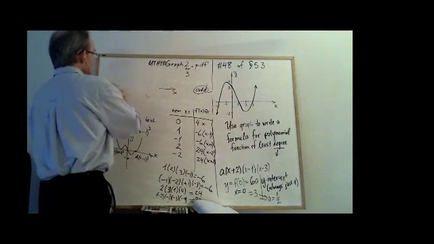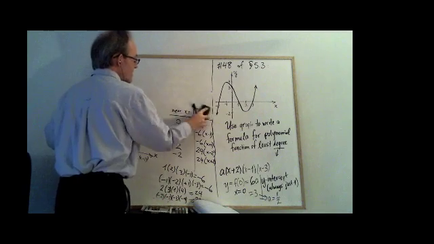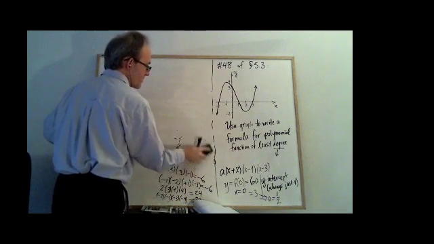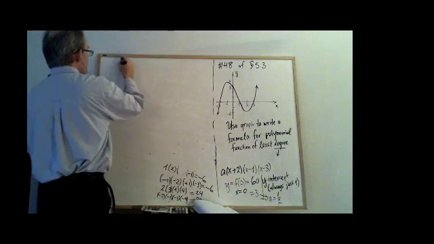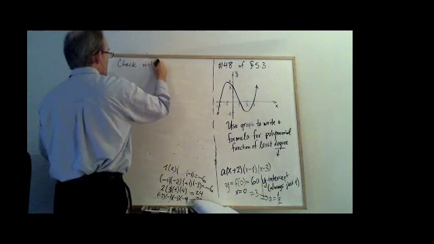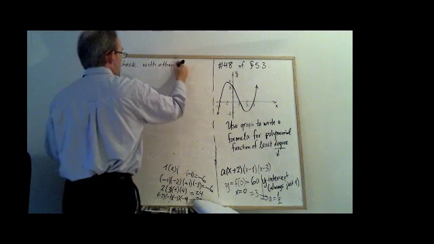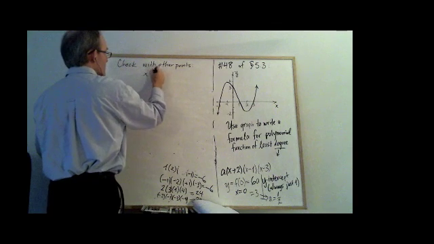Okay, so now if this graph is consistent, then I should be able to check it with other points. So let's just check a few other points, just to make sure. Let's draw a table.